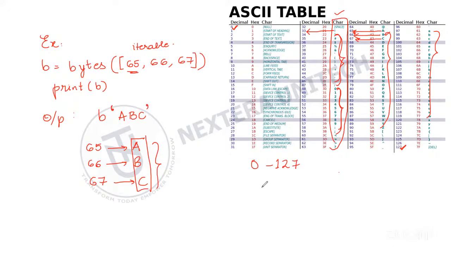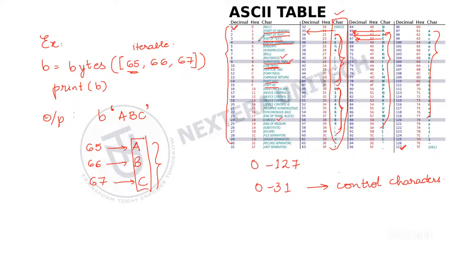The first 0 to 31 decimal numbers were reserved for control characters. These are control characters like backspace, horizontal tab, getting into a new line, shift in, shift out, cancel, start of heading, start of text, end of transmission.